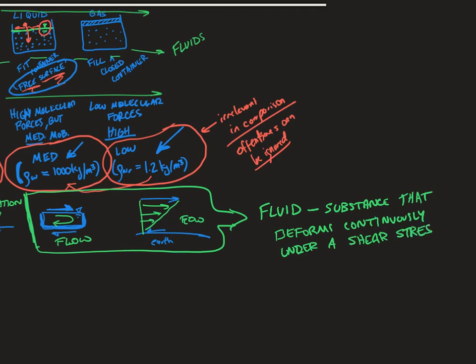What do I mean by deform continuously? I think this is like a book definition. I don't know where I got this one, but I prefer to think of that as flows. If you deform continuously, you're flowing. As long as the shear stress is applied, any fluid will continue to flow. That's just what it is.